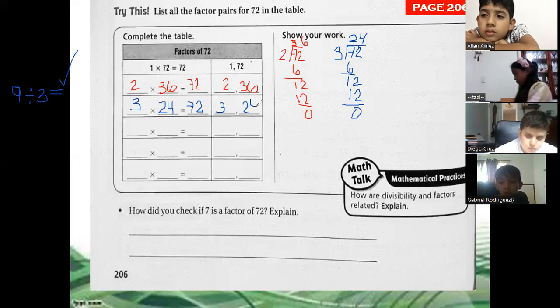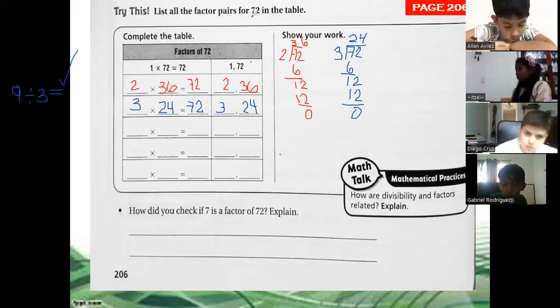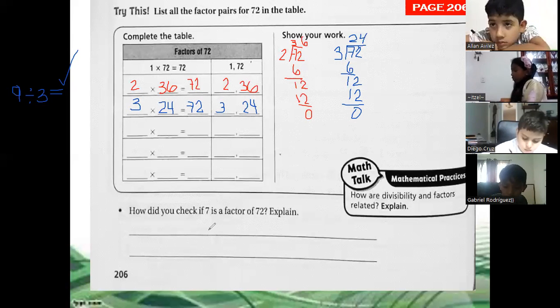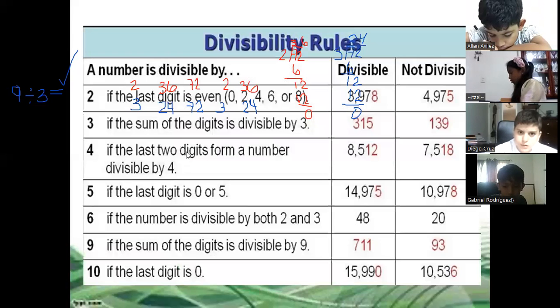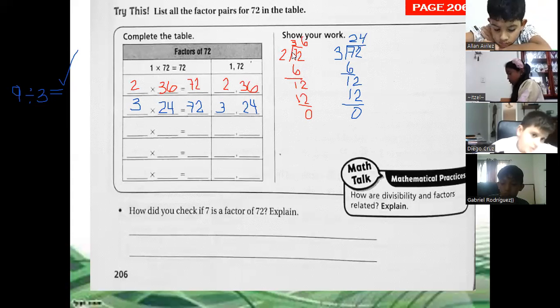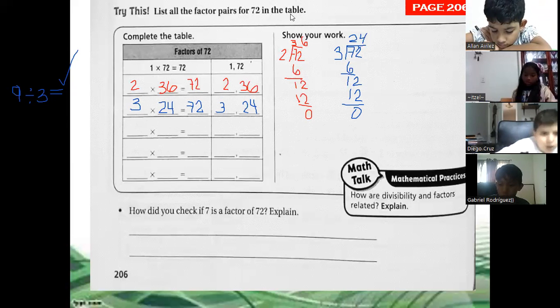Next digit, the number 4. What does the divisibility rule say about the number 4? If we check here, if the last 2 digits form a number divisible by 4. Okay, what are the last 2 digits?